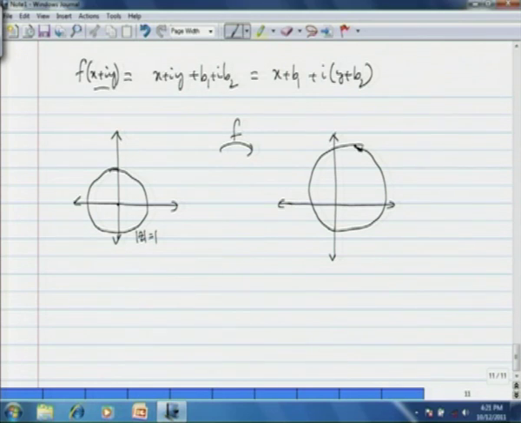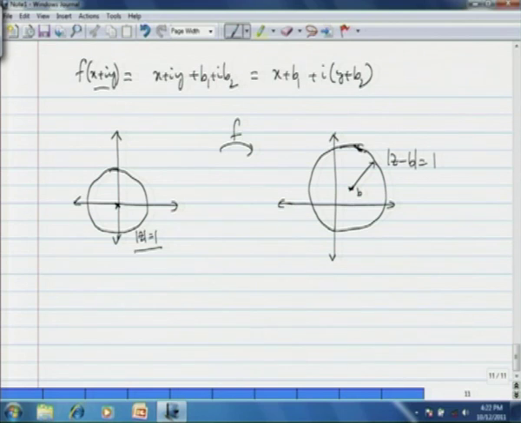Although the circle looks enlarged, it is not really enlarged. So, here is the origin, the image of the origin. So, the center moves to b, and the image of this modulus of z equals 1 is all such points such that modulus of z minus b is equal to 1.